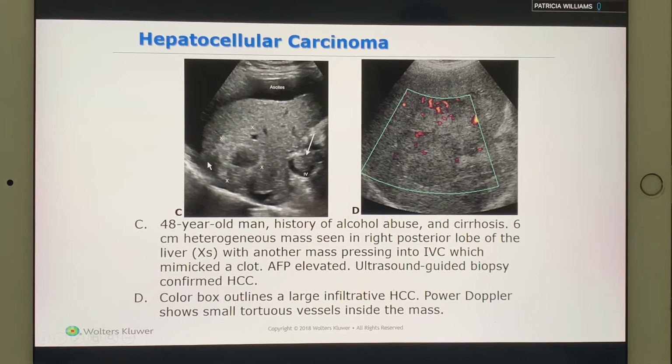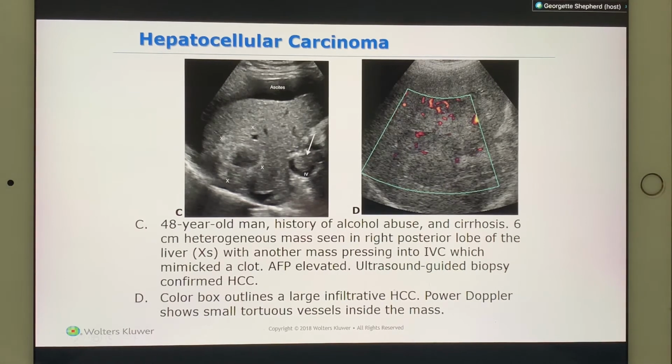See the difference between the two? Position. Here's a pleural effusion because we have that little V, so we know it's on the thorax side, and here is ascites, which is on the side of the liver.